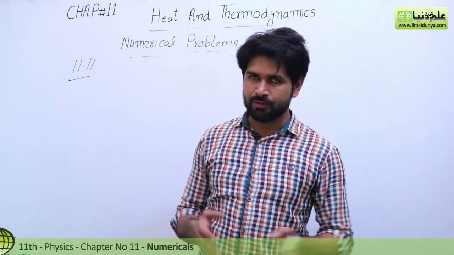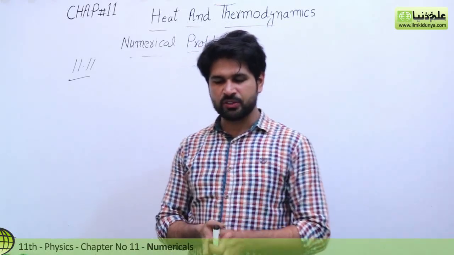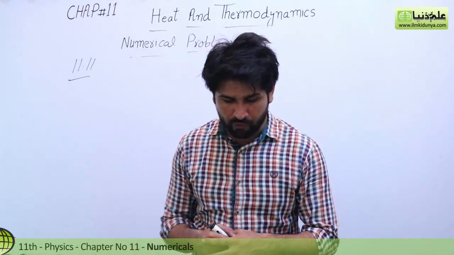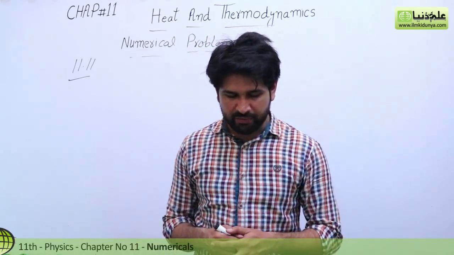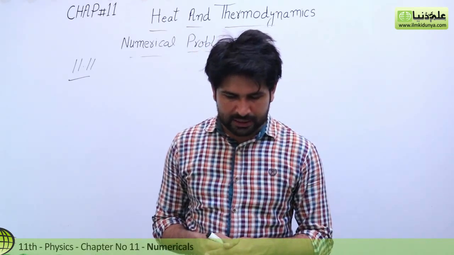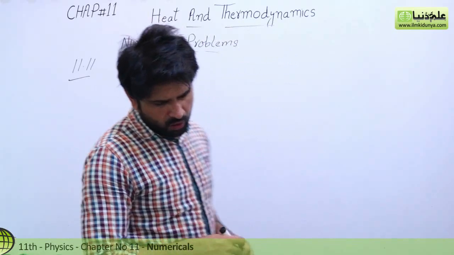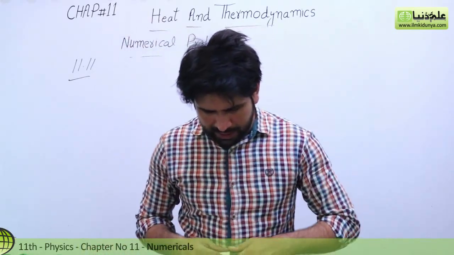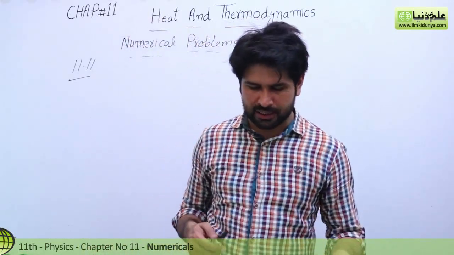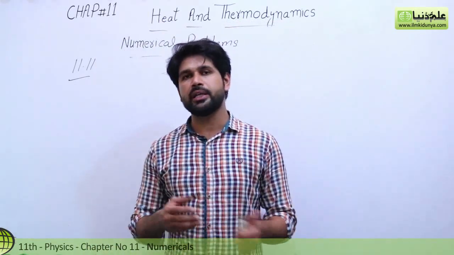Okay students, to solve this numerical problem, first we will write the formula and given data. We have given heat, which is 336 joule of energy to melt 1 gram. Actually this is the latent heat of fusion.